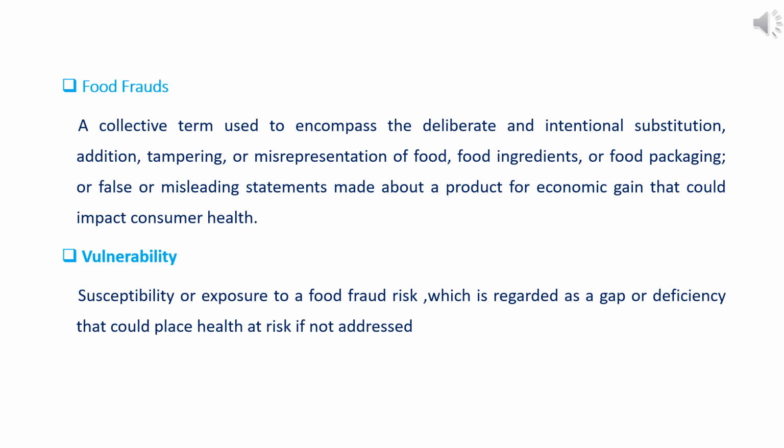Vulnerability is otherwise known as susceptibility or exposure to a food fraud risk, which is regarded as a gap or deficiency that could place health at risk if not addressed.